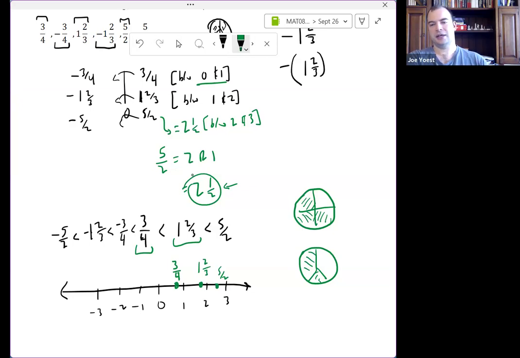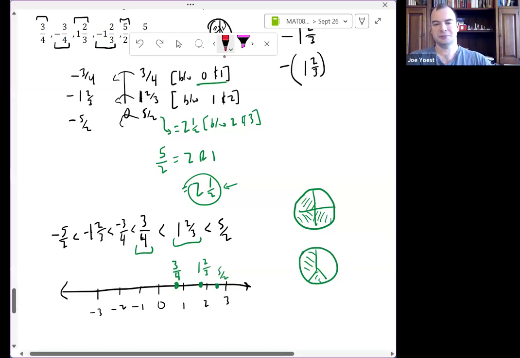On the other side, I kind of mirror things, right? -3/4, the opposite of 3/4, just flips over 0.